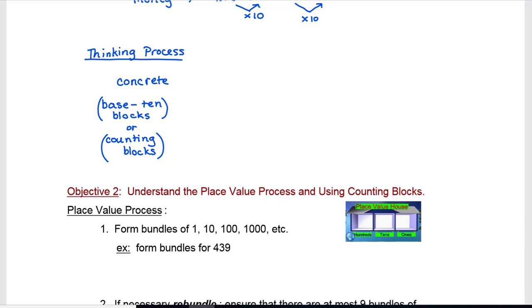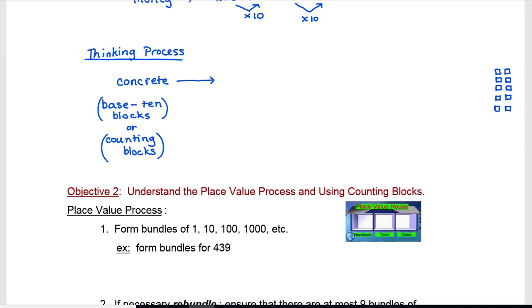Once you get them playing with them and understanding, okay, if I have 10 little blocks, I can exchange it for a row of blocks. So let me just draw a quick picture of what base 10 blocks look like. Each little individual box represents a 1. So here I have 10 ones.